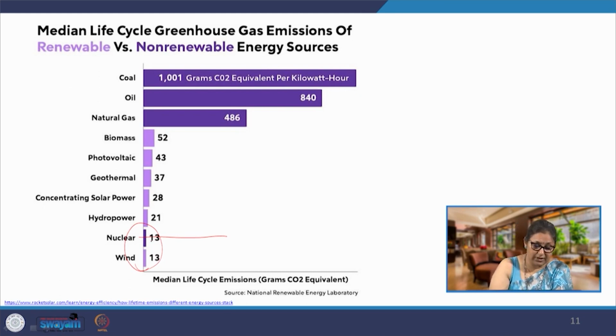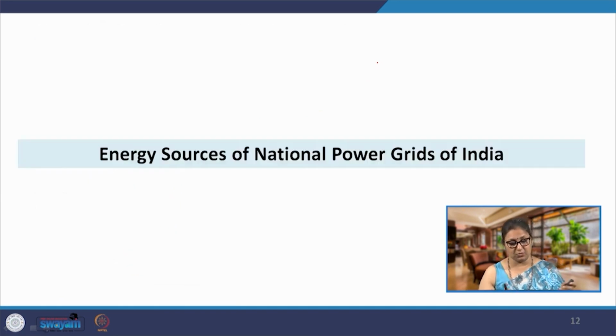So, wind and nuclear are at the bottommost when we are looking at the emissions, and the emissions caused due to electricity produced using coal are much higher than all of them, almost 1000 times higher. All other renewable sources of energy are also significantly lower than all the conventional sources of energy.